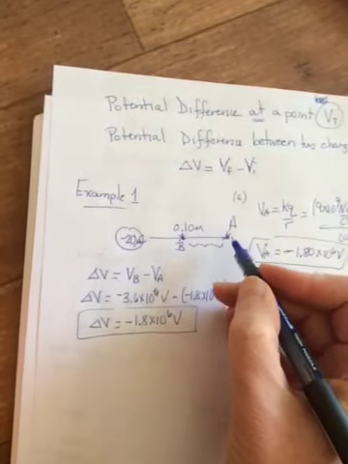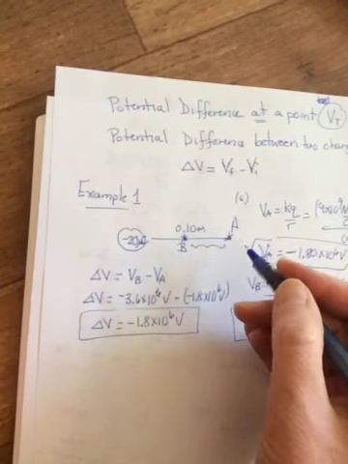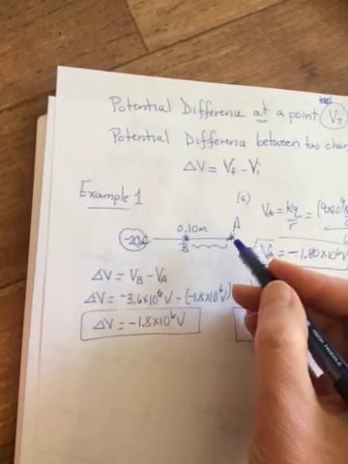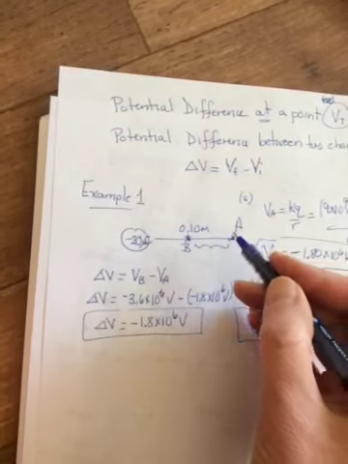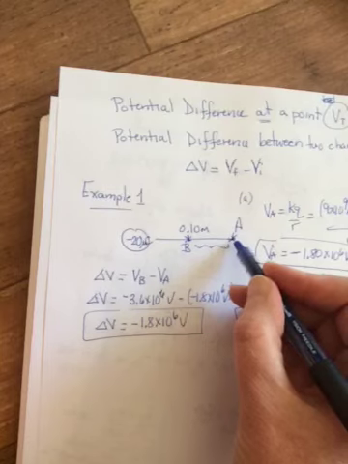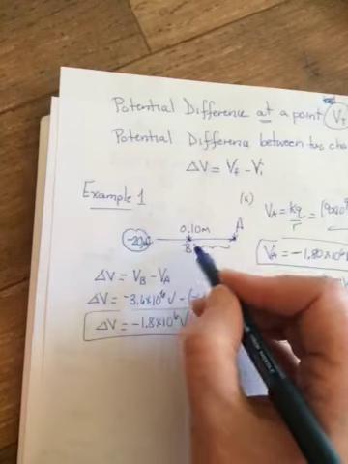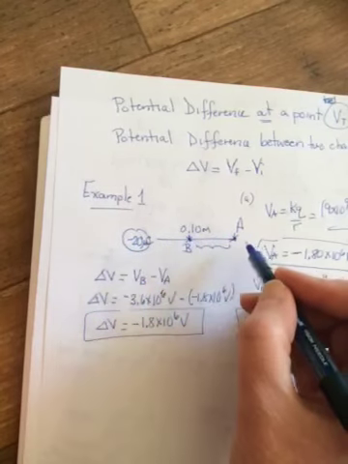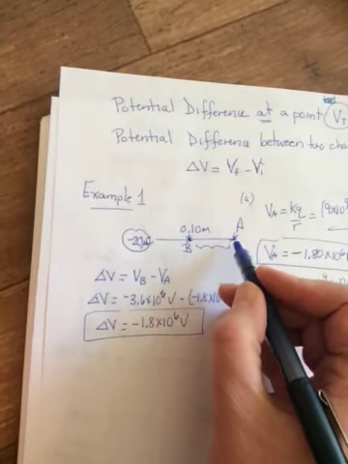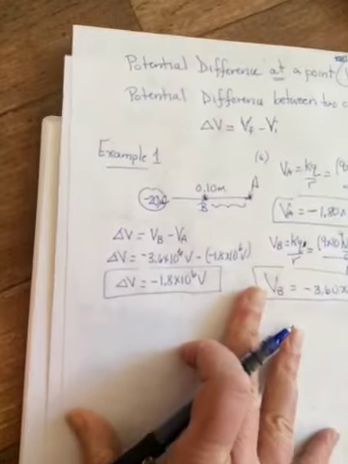And so any positive test charge, any charge at all, when we release it, will always move to the point of lowest energy. And we're always doing it with a positive test charge. So if I put my little positive test charge here, where will it move? It will move to B. It will want to get closer. If I put it at B, it would never move to A if it's positive, okay? So that tells me that A has a higher potential and B has a lower potential.